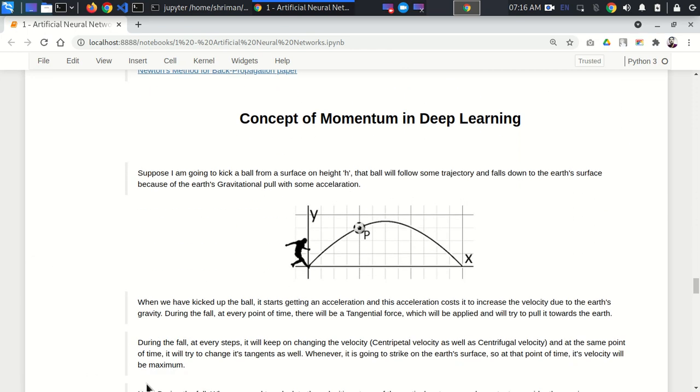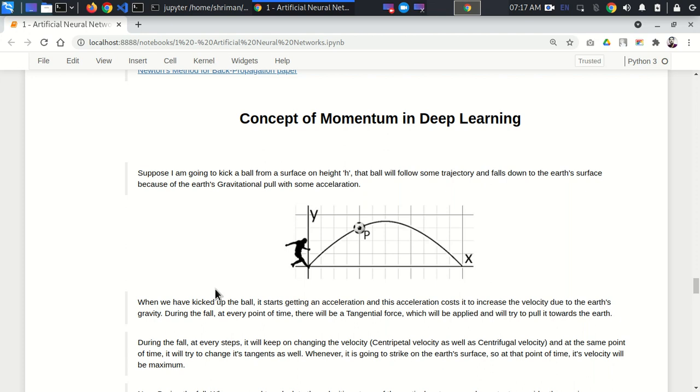Now guys, people were just going with BGD, MBGD, SGD, but using all these vanilla versions of optimizers, they were going to face some kind of issues. They had three or four different kinds of optimizers, but they all were facing some kind of issues, and they were not able to calculate all those parameters in a much smoother way.